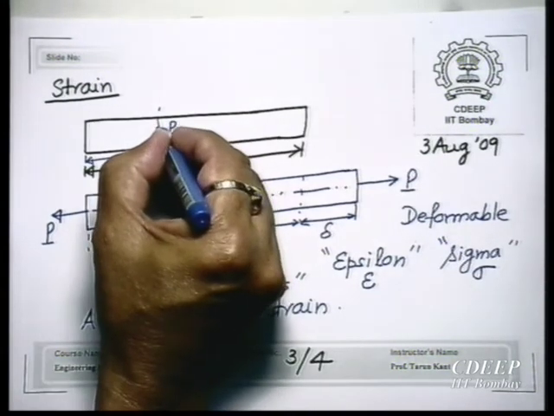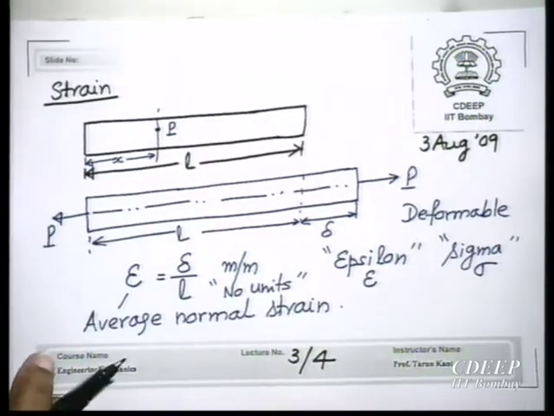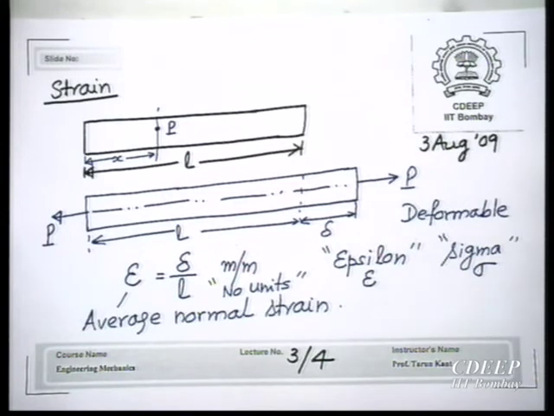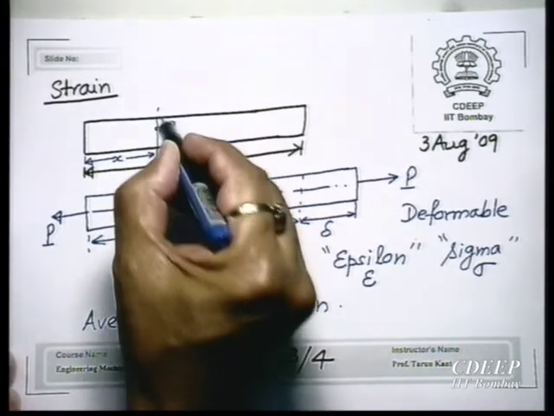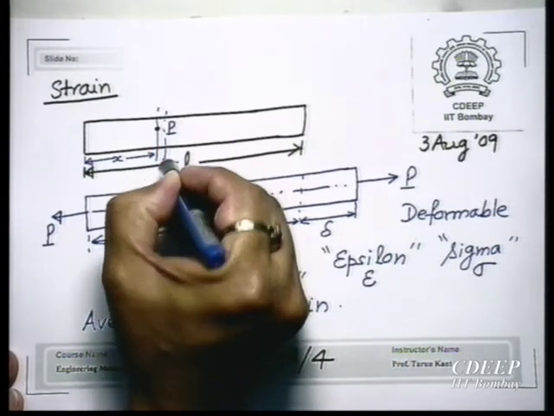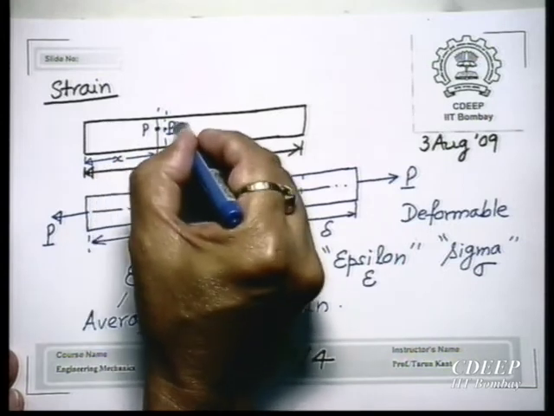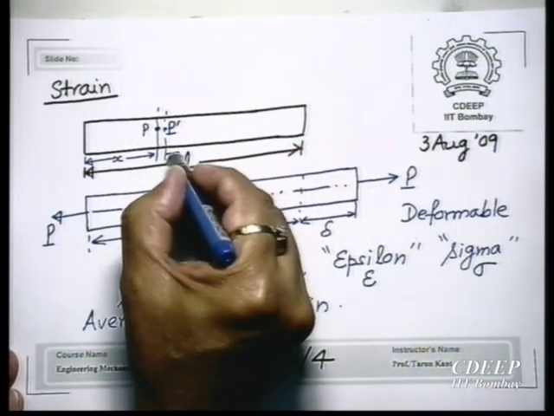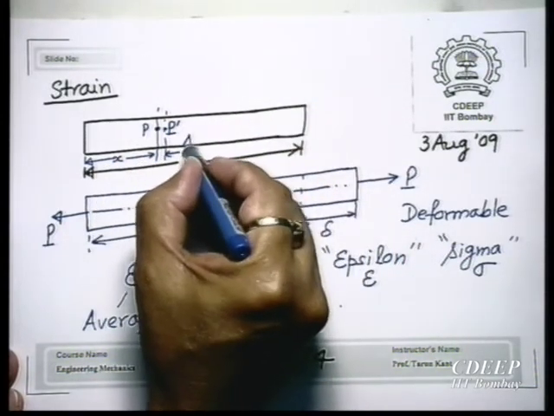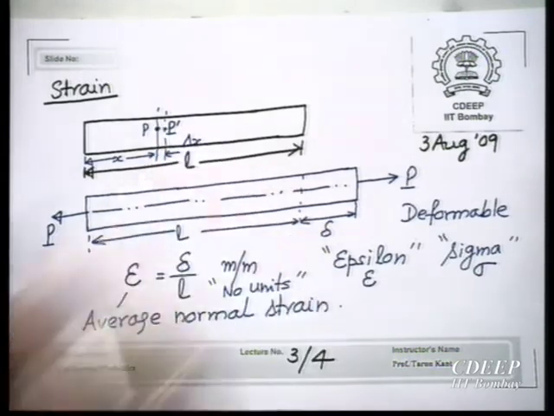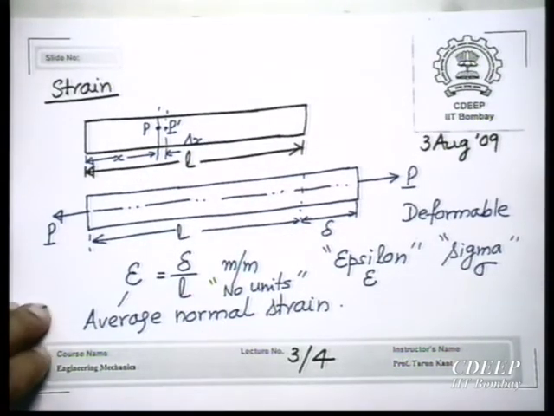Now supposing I want to find out the strain at point P, how should I go about it? I will take a cross section at a distance x, and then I will also go to a next point, P dash, at a distance delta x from this, very close.